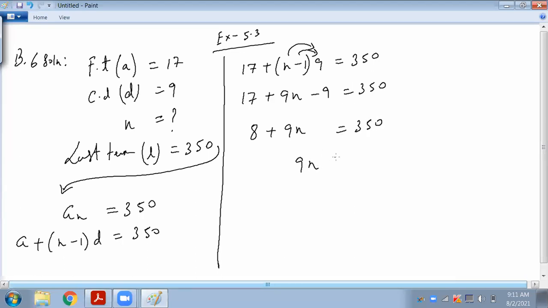Now we are going to find n, so take the term without n to the other side. Now 350 minus 8 is how much? 350 minus 8 is 342. Then find n.